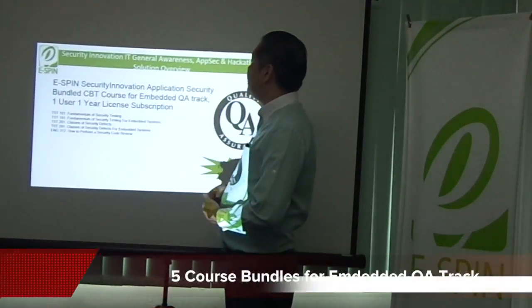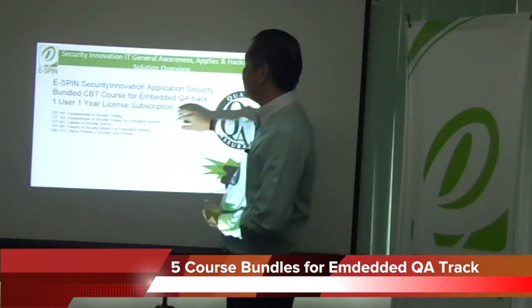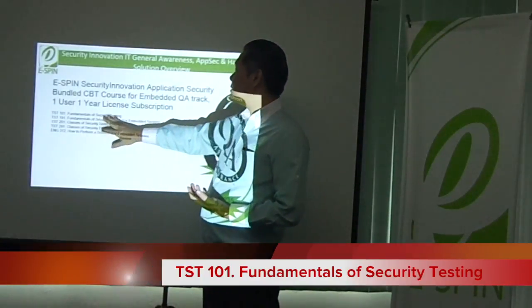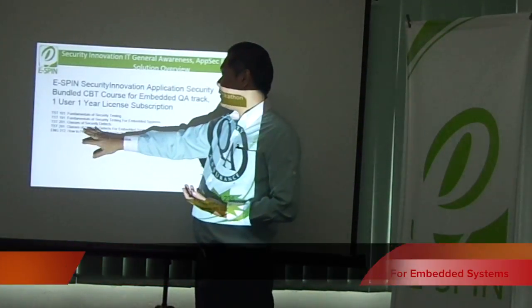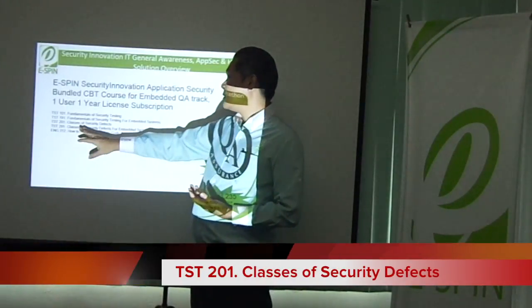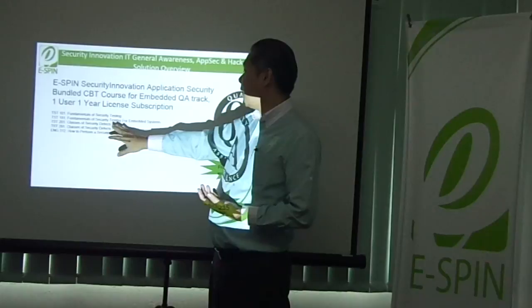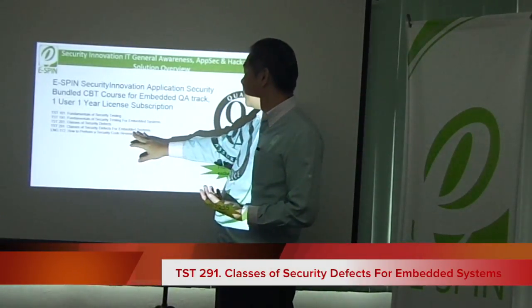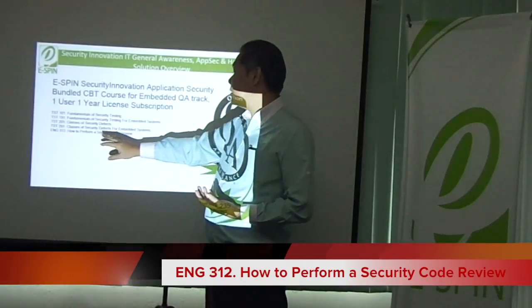This is for the embedded QA track. It comes with 5 courses: foundation of security testing, foundation of security testing for embedded system, classes of security defects, and then classes of security defects for embedded system, how to perform a security code review.